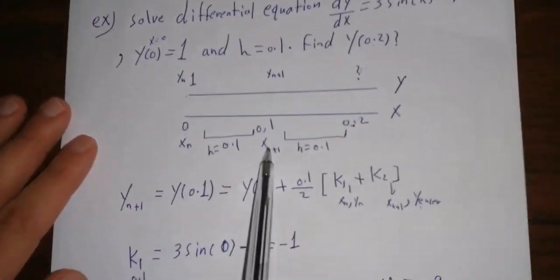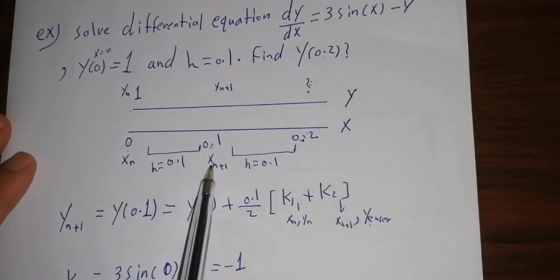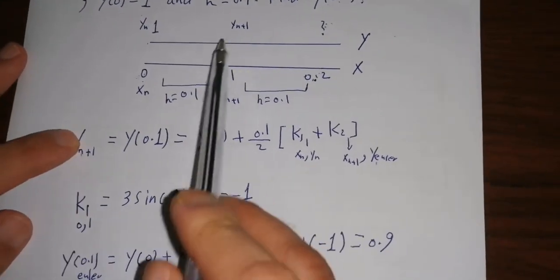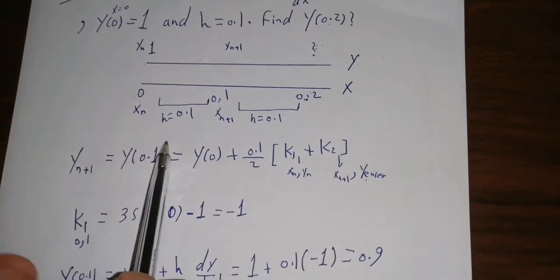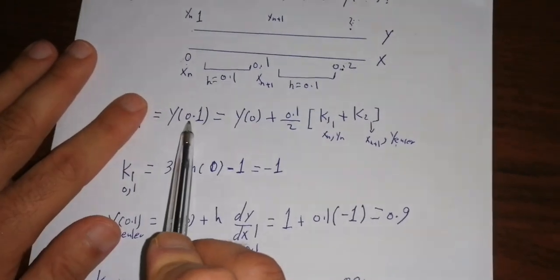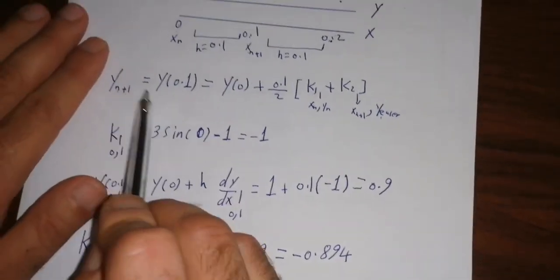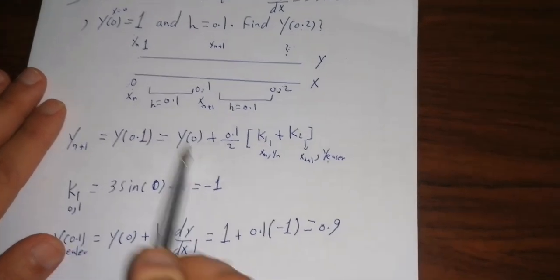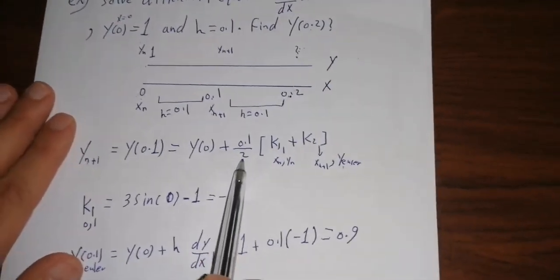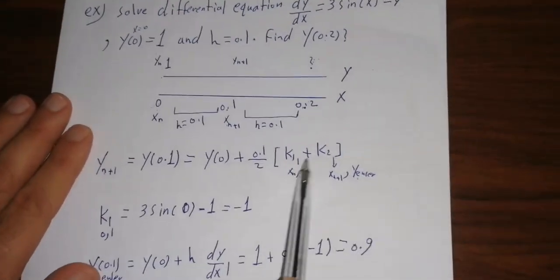We consider this the initial, and this is the step change prediction point. yn plus 1, that means y at 0.1, equals yn at 0 plus h, 0.1, divided by 2, times k1, k2.